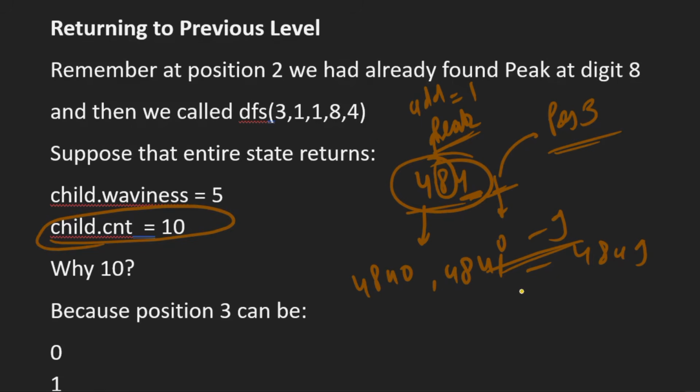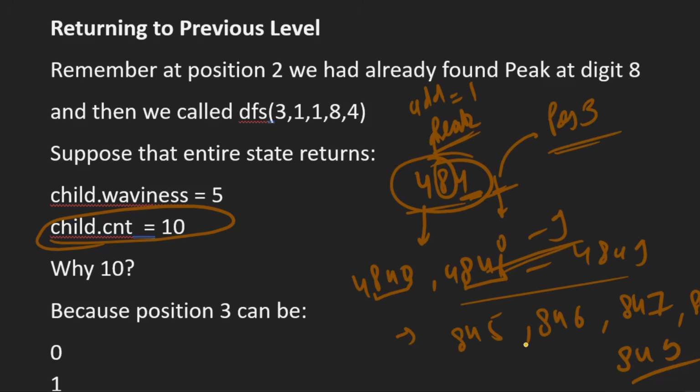And the child waveness is, in 840 there is no peak or valley, 841 there is no peak or valley, in 845 we get a valley, 846 we get a valley, 847 we get a valley, 848 also there is a valley, 849 we get a valley. So child waveness is 5.